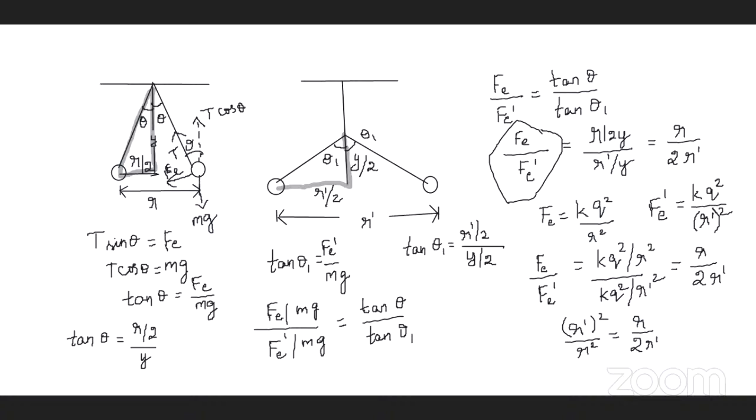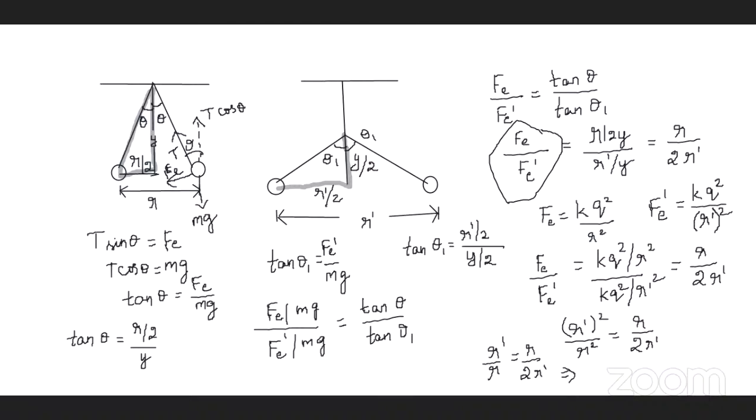So now what you can do is take the square root for the left hand side of the equation. While taking square root, you will be getting r prime by r equal to r by 2r prime.